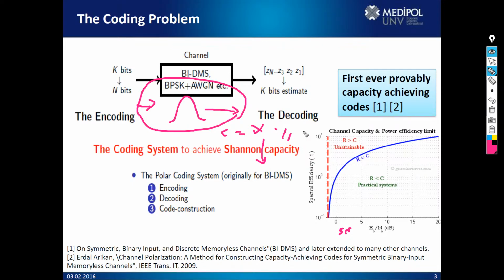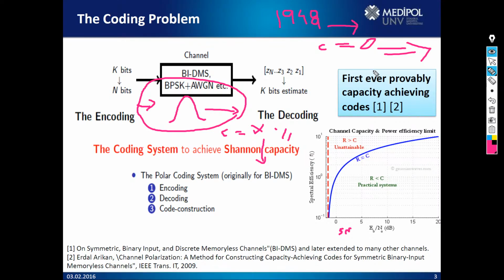And unfortunately, the surprising news that I want to tell you is that since 1948, which is the time that Shannon defined the term bit, yes, the term bit was coined by Shannon in 1948, and he studied the capacity of noisy channels and found that the capacity is this much, and then set the capacity limit, and gave the engineers and researchers after that guidelines that this is the maximum capacity you can achieve for your channel.